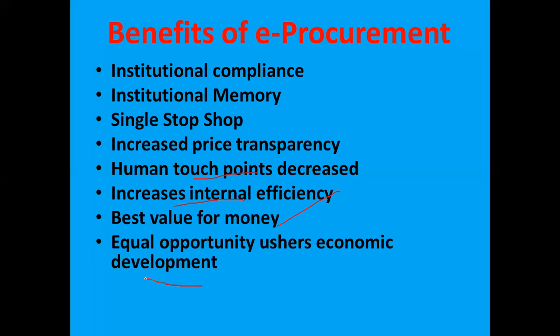Whenever you are doing the e-procurement process step by step or frequently for any firm, automatically the opportunities will be increased and you can maintain equal opportunities for the buyer as well as seller, and you can increase the economy. So these are some of the benefits of the e-procurement process.